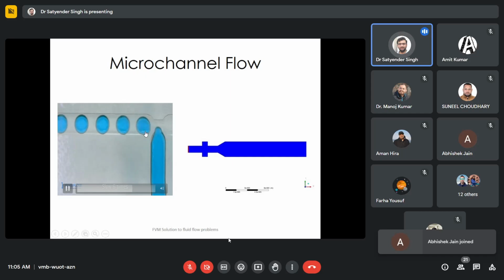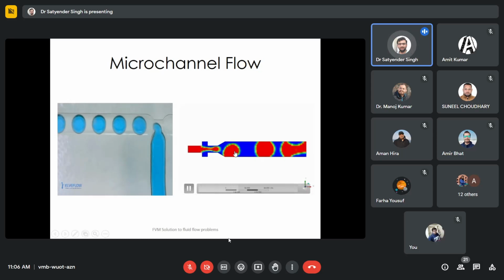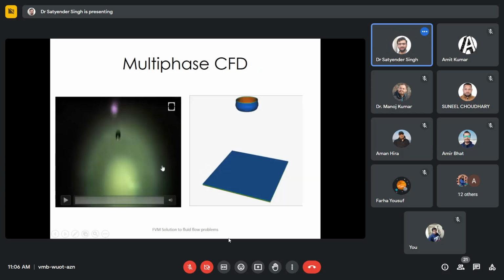This is a very useful microchannel device in biomedical and chemical industries. So before designing this, we can solve this problem in CFD and obtain an optimized solution related to the flow and geometrical optimization.